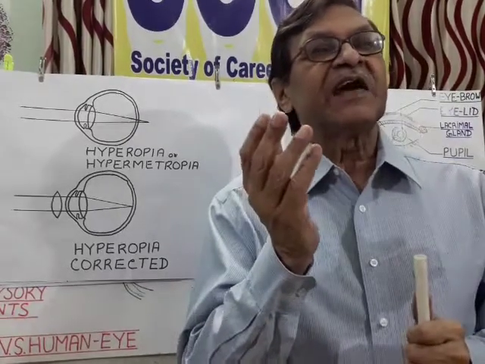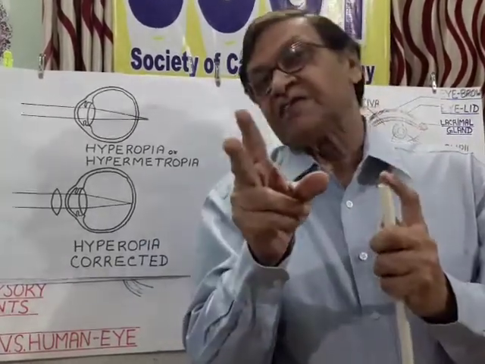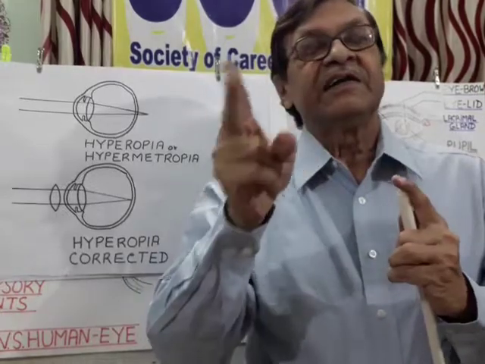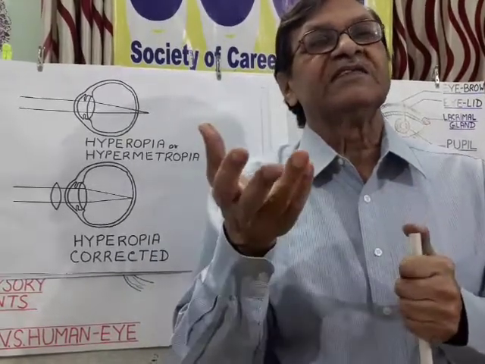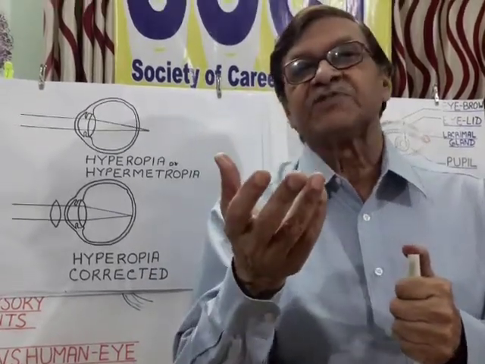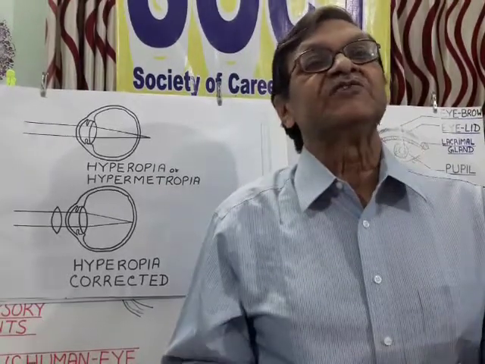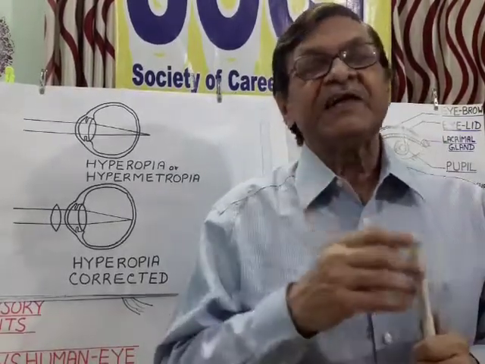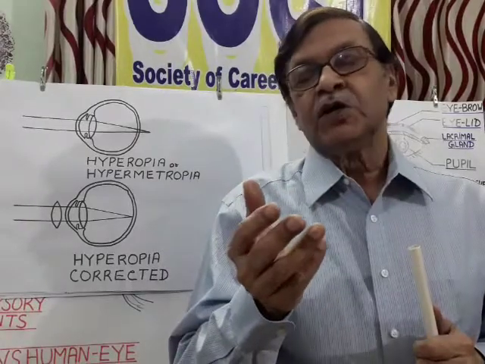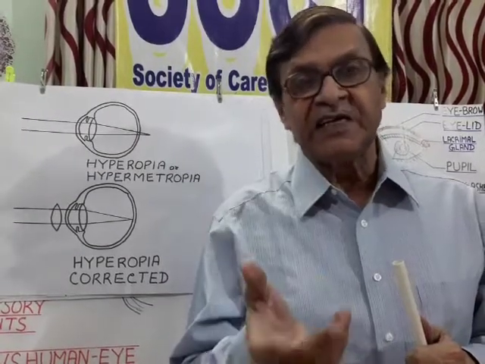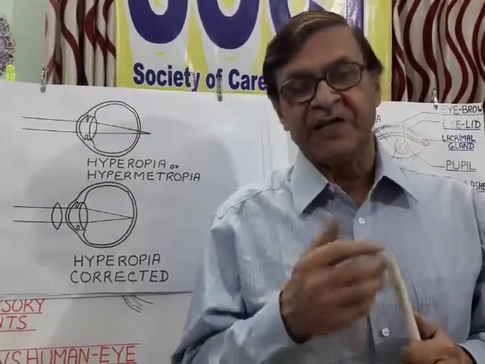If they are color blind, they get a problem in discriminating between red and green colors. So such types of services are not given to persons who are color blind. Color blindness is an X-linked character, so it is much more prevalent in male individuals, less in female individuals.